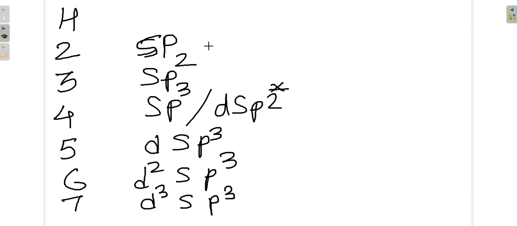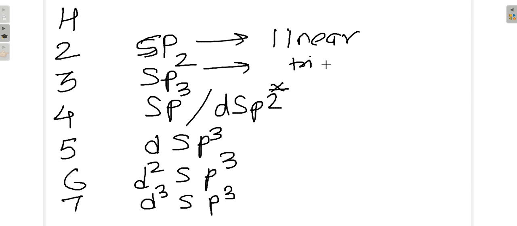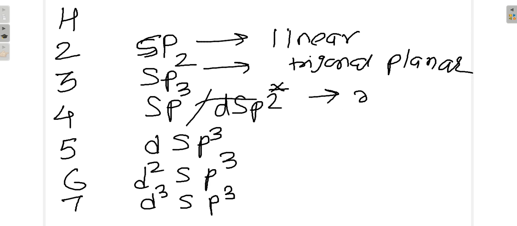The regular shape of sp is linear. sp2 is trigonal planar. This you all learned in 11th standard. sp3 is a regular tetrahedral. dsp3, there are 5 orbitals, so it is triangular bipyramidal.